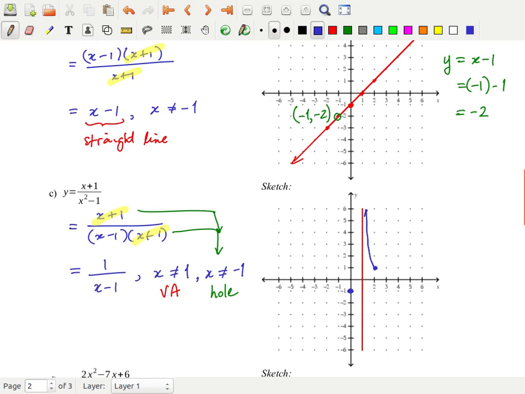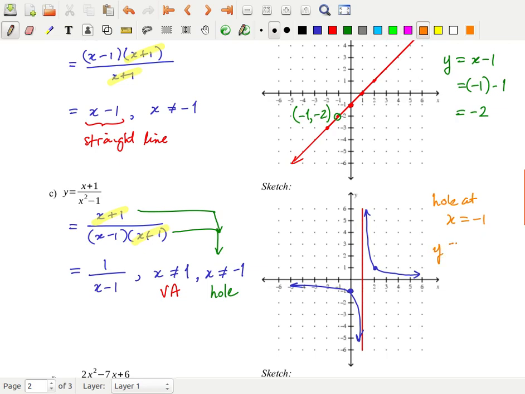I'm just going to sketch in my graph. Didn't do a very good job. Let me just repeat that left side if I can. Not great, it'll do. And then I have a hole at -1. So just like I did before, I've got a hole at x equals -1.